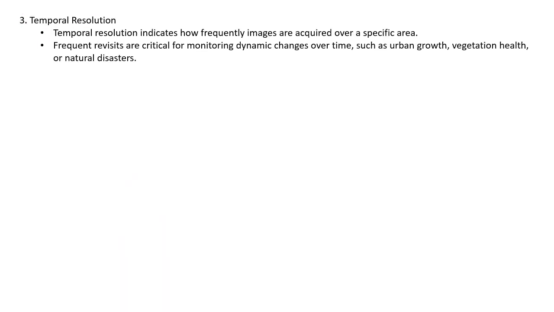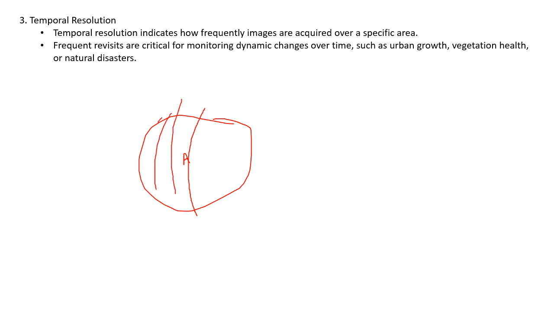So temporal resolution is, if this is the earth here and satellite is moving, this is a name of the area A. Okay. The first round the satellite is January 1st. Then the satellite will move here. Then satellite will move here. Then it will rotate here. And the first visit was January 1st.